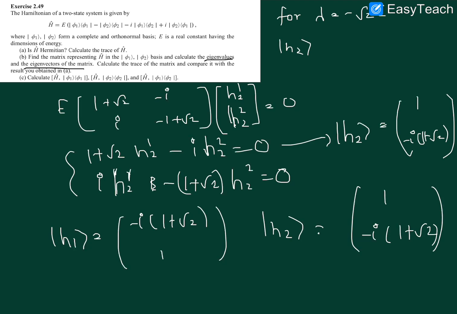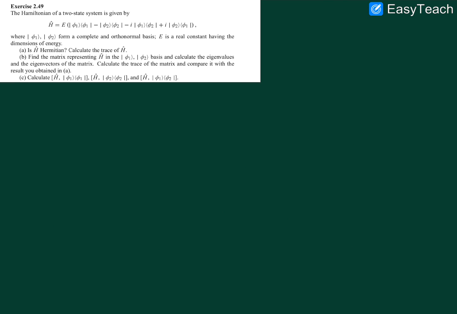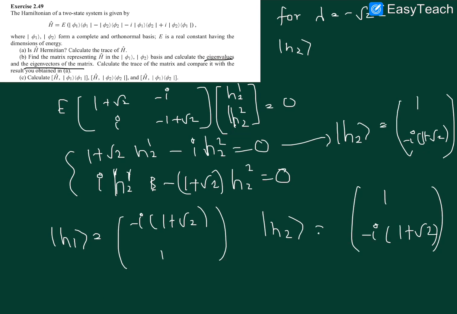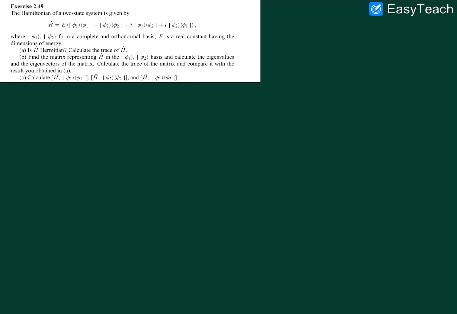Now what we are left with is to calculate the trace of the matrix. To calculate the trace, I will have to write the matrix again. The matrix H is E times 1, minus i, i, minus 1. So the trace is E minus E. In matrix form, the trace is nothing but the addition of diagonal elements.